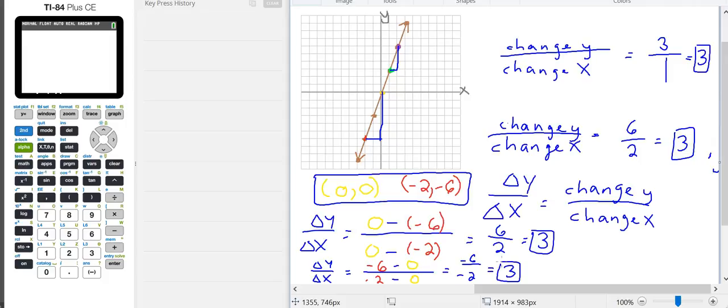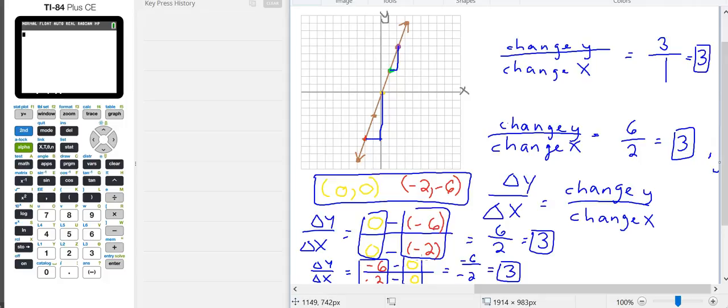But what you have to be careful of is that your first y value and your first x value are the same point, and your second y value and your second x value are the same point.